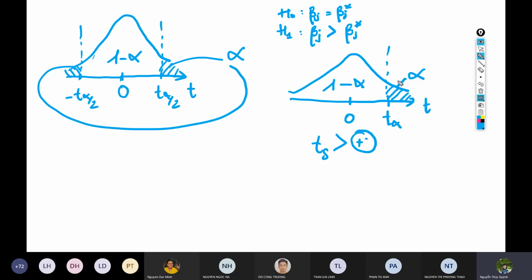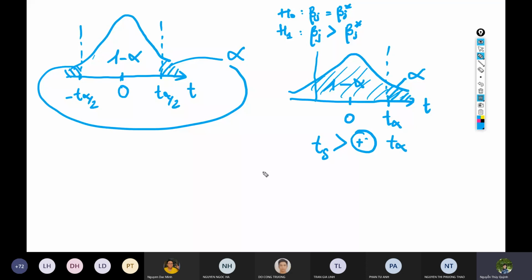If it is a negative number, then the rejection zone will become a big region like this, which is not the case for a rejection zone. So if for the rejection zone we have the larger side here, then this must be a positive number, that is t alpha.